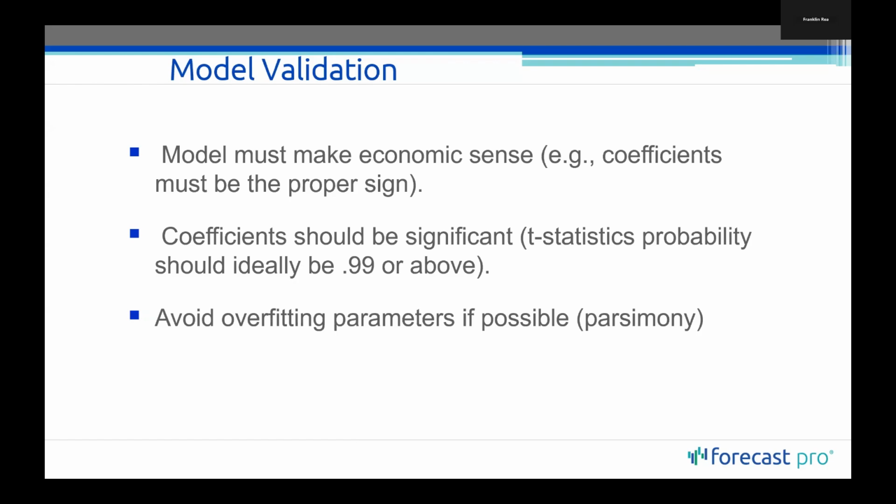So if you can explain your data to 98% accuracy with two variables, and adding 5 more variables only gets you up to 99%, you probably want to stick with the two. So the thought process and the validation is, as we've seen, a pretty big part of building a regression model.